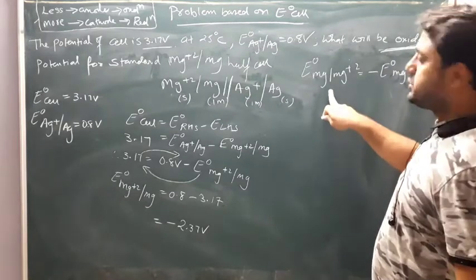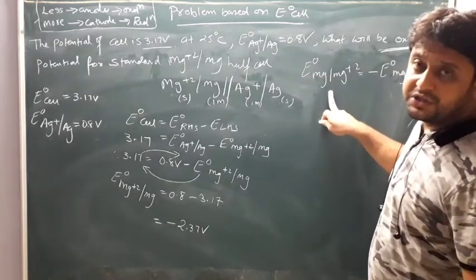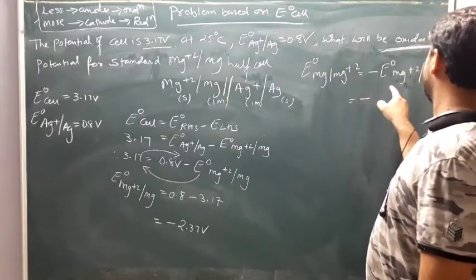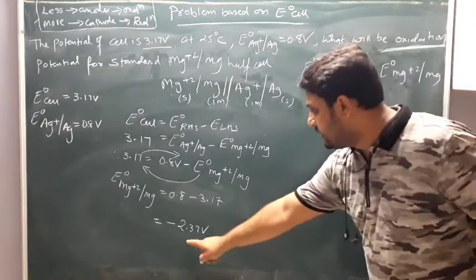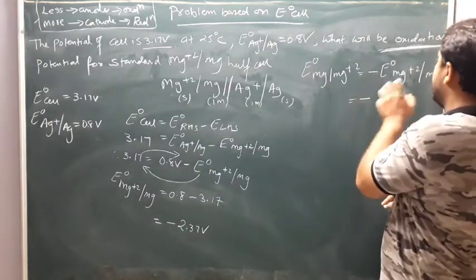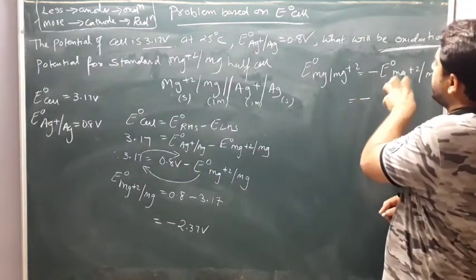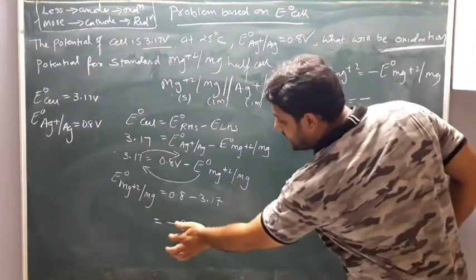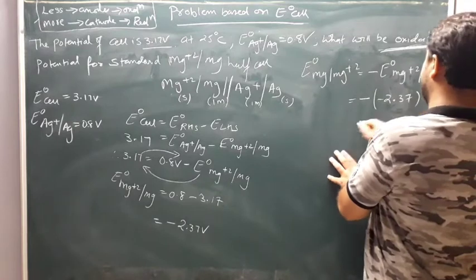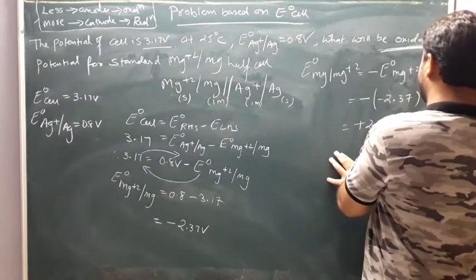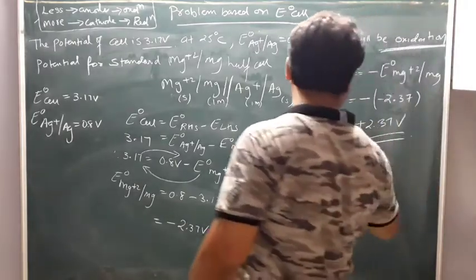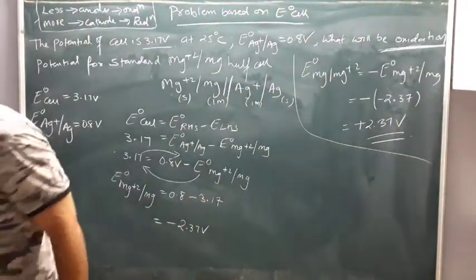What is the reduction potential value for Mg? Minus 2.37. So this minus is for the formula, and the reduction potential value for Mg itself is minus 2.37, so in bracket minus 2.37. So the answer will be plus 2.37. This will be your answer for the oxidation potential value of magnesium.